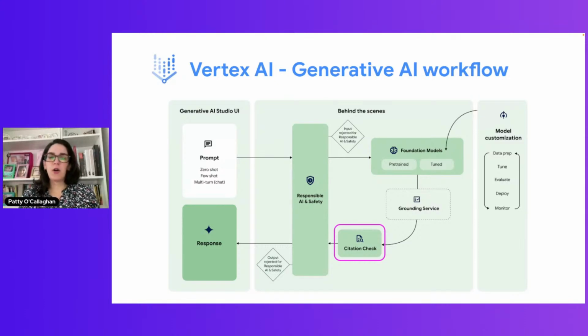Then you can go to the citation check. After the response is generated, Vertex AI will check whether citations need to be included with the response.